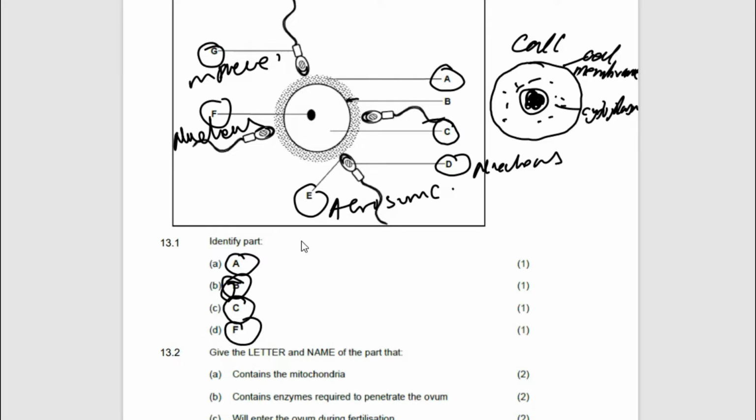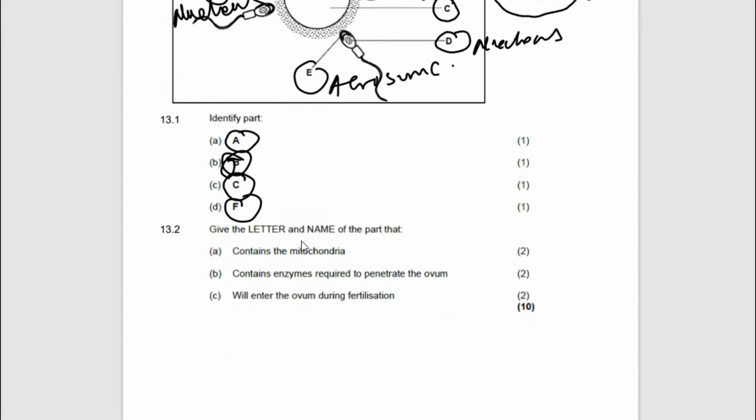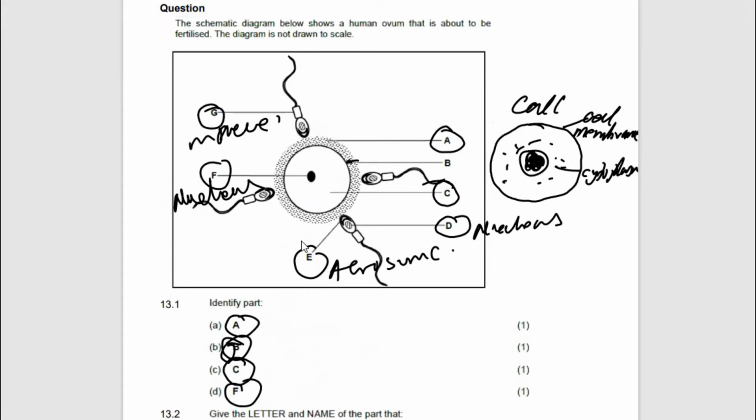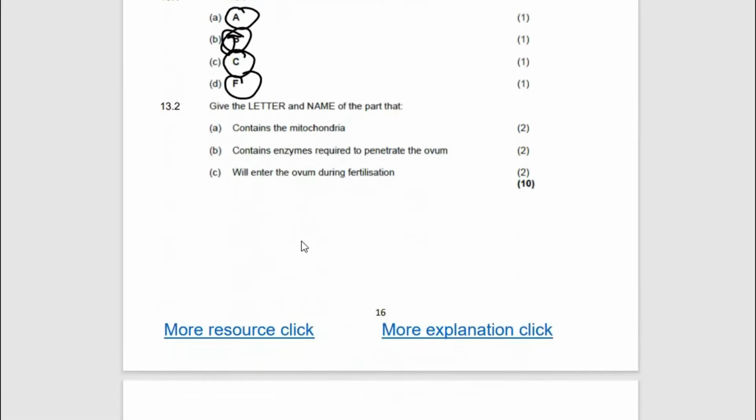F is the nucleus of the ovum. So now give the letter and the name of the part that contains mitochondria. We have seen that mitochondria are stored in here. There are many, so the answer is G, and the part is the middle piece.